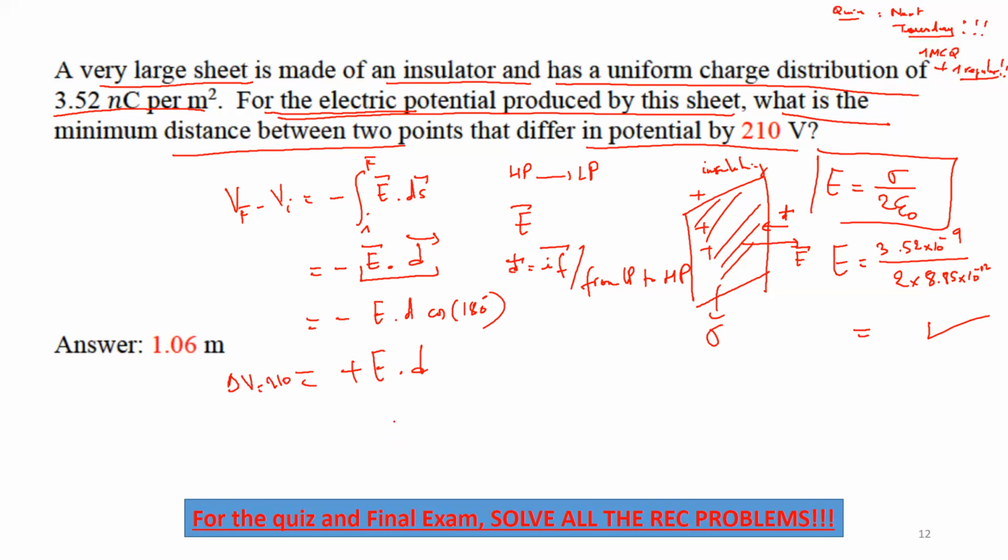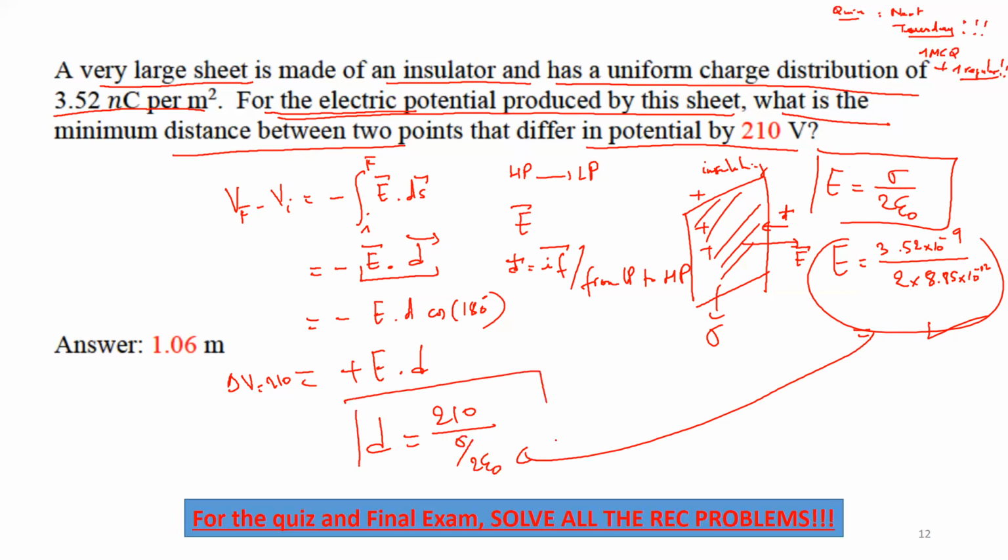So the distance I'm looking for will be 210 divided by the electric field that I found here, which is just sigma divided by 2 epsilon naught. And if you do that, you get a distance of 1.6 meters. Okay. Good.